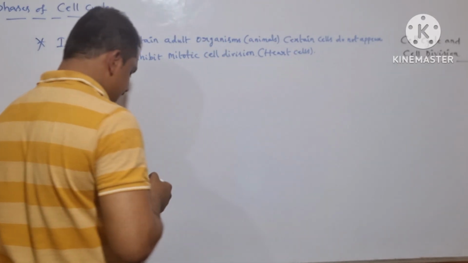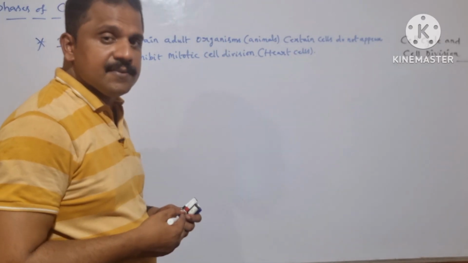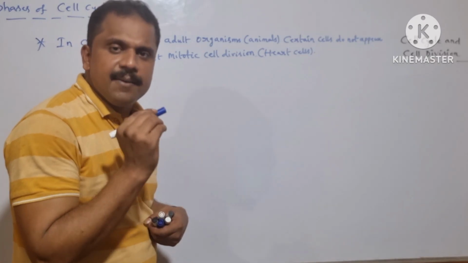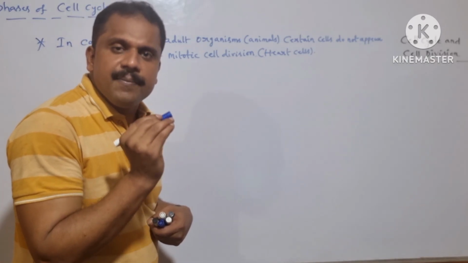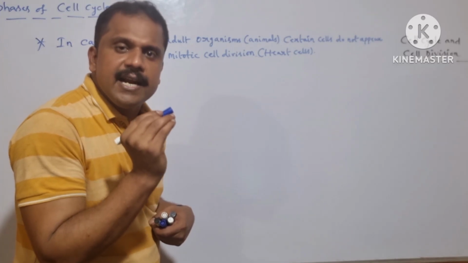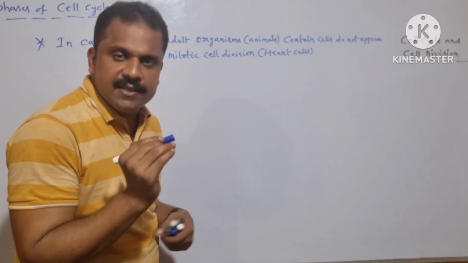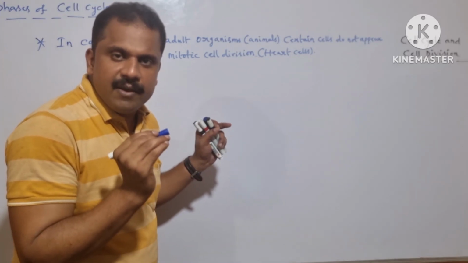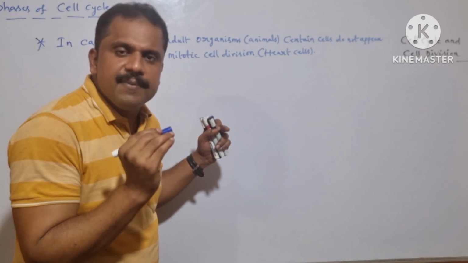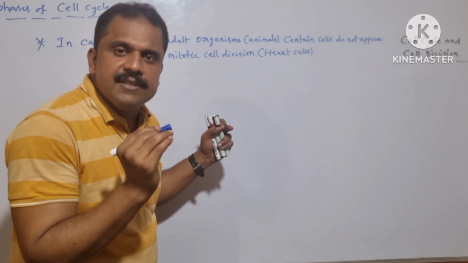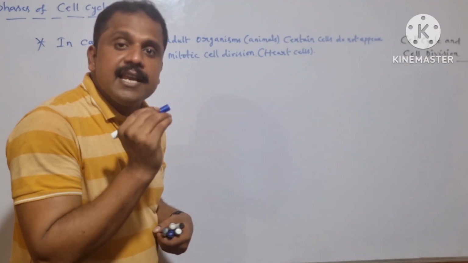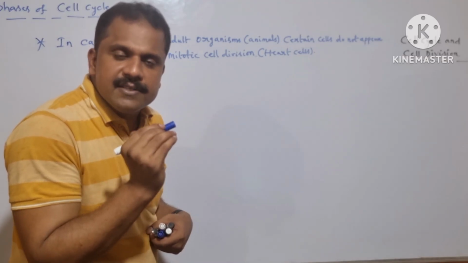And here, in case of the majority of living organisms, all the biological cells remain metabolically active or biologically active, but temporarily they enter into an inactive stage termed as G0 stage. Depending on the body requirement, in order to replace the damaged or injured cells, these cells, which are initially under the inactive stage, are capable of participating in the mitotic cell division.